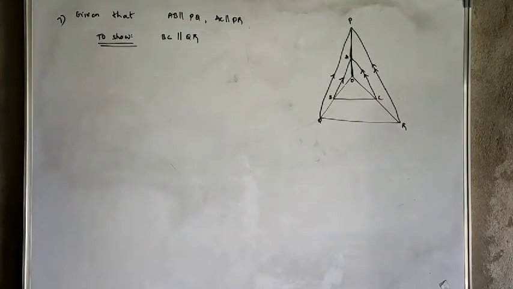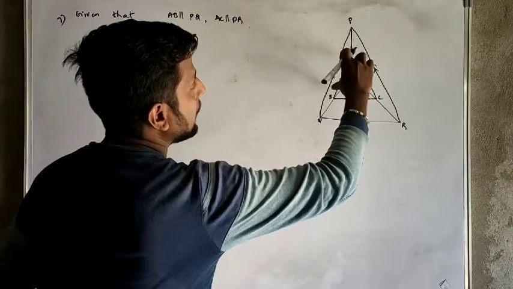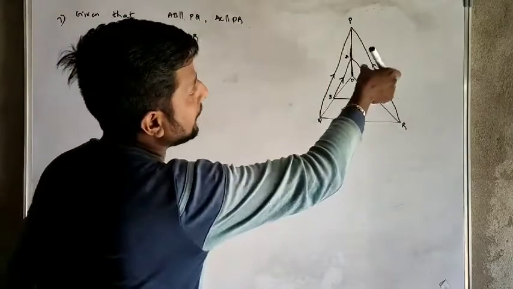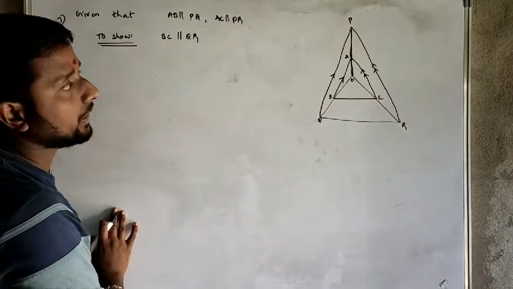Yeah, welcome back, children. 7th question, beta. So the diagram I had drawn already. So given information, AB line parallel to PQ and AC line parallel to PR, then show that BC parallel to QR. That's it, okay.